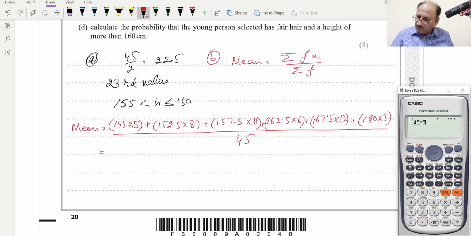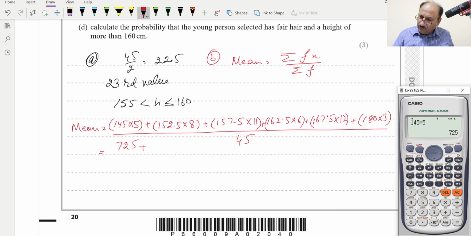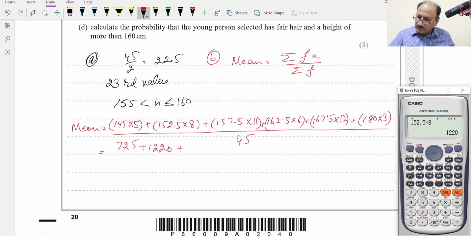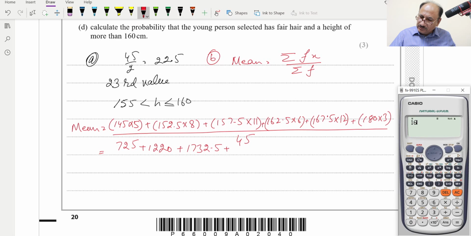145 multiplied by 5 will be equal to 725, and plus 152.5 multiplied by 8, and this is equal to 1220, and plus next is 157.5 multiplied by 11 is equal to 1732.5, and plus 162.5 multiplied by 6 is equal to 975.